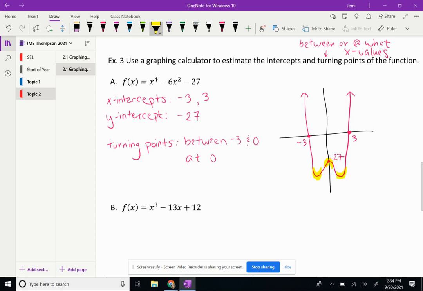And then the last one occurs over here somewhere, which, remember, I'm just talking about x values. So that occurs somewhere between 0 and 3. We're just sticking with some vagueness there.